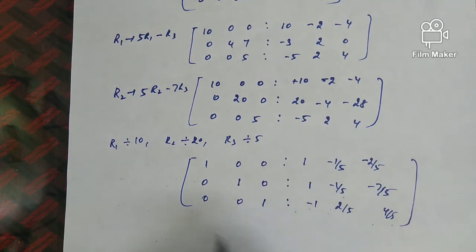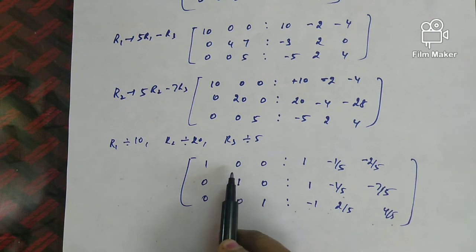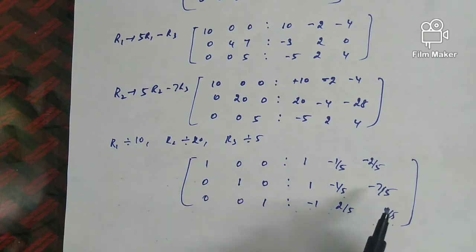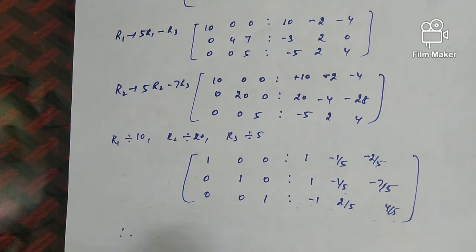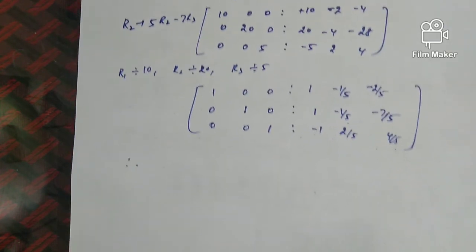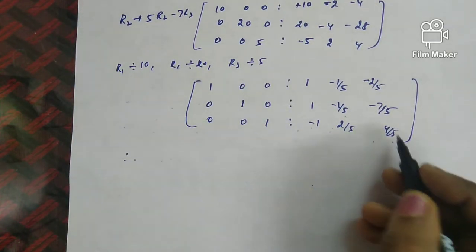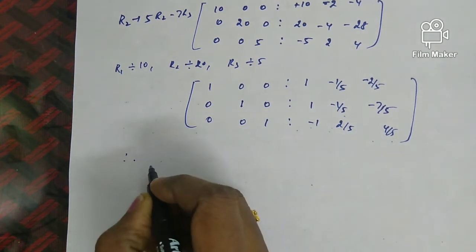Now look at this matrix. This is a diagonal matrix with 1, 1, 1, that is the unit matrix. So the other side is our required A inverse. Therefore the left side is a unit matrix, so obviously this is the required inverse.